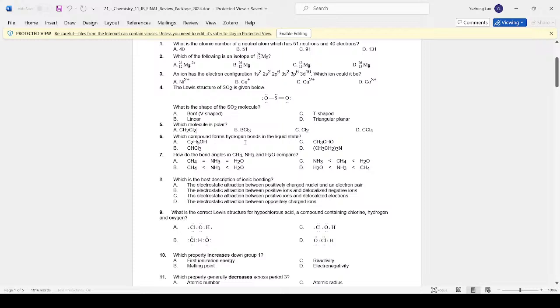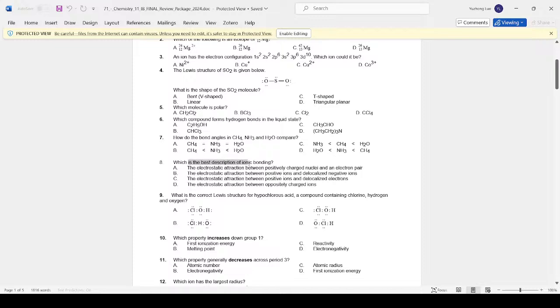Hydrogen bonds. Should be C. A? Oh, okay, yeah, that makes sense. OH, yeah. How do the bond angles in CH4 compare? So CH4 is 109.5. NH3 is smaller. H2O is even smaller, so it should be D. Yeah.